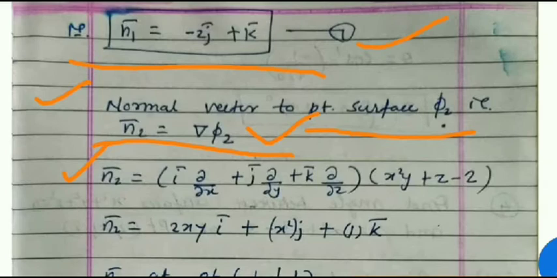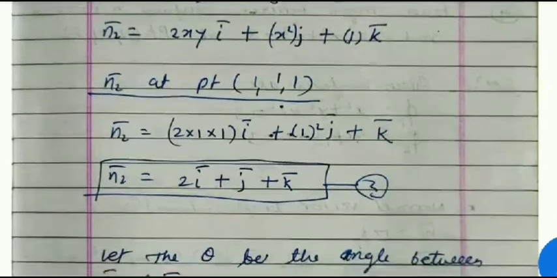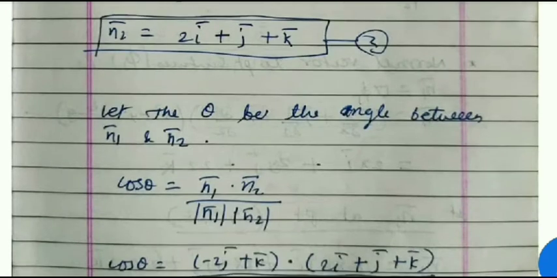Repeat this procedure and put the same point (1, 1, 1), and finally we got the second normal vector n2 bar equals 2i plus j plus k bar. Now we have to find the angle between the two normal vectors n1 bar and n2 bar.